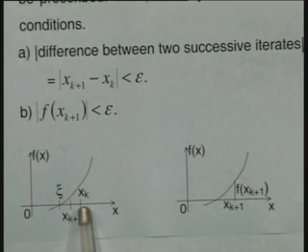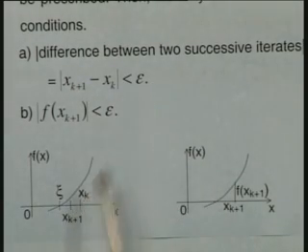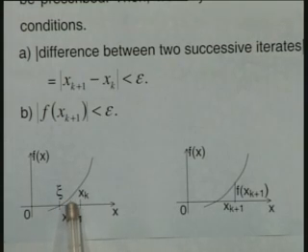The successive approximations move towards the exact root. So I have xk plus 1 as a new approximation, and I am testing xk plus 1 minus xk here. As we proceed to successive iterations, xk plus 1 would go on moving towards the root, and the difference between two successive iterates at any particular stage is going to be less than epsilon.